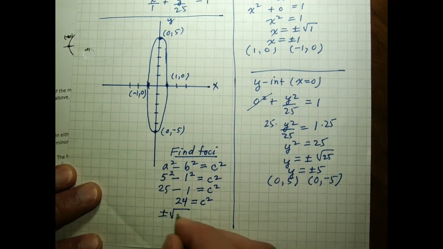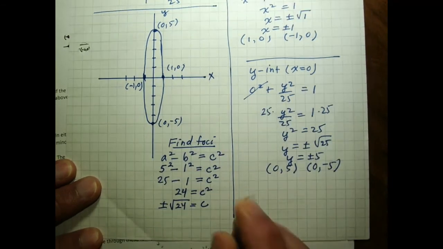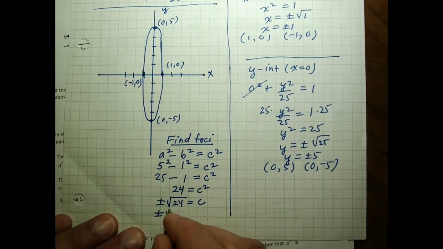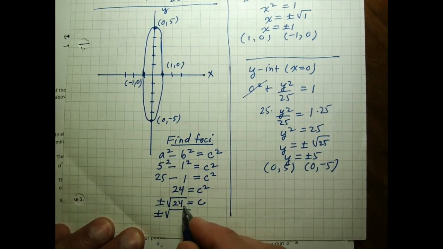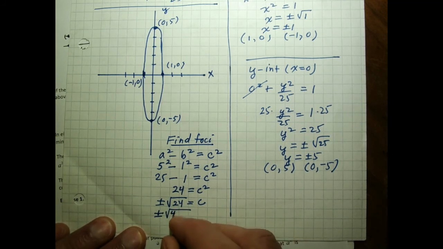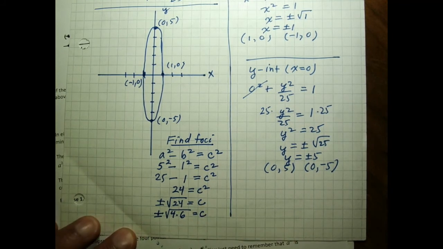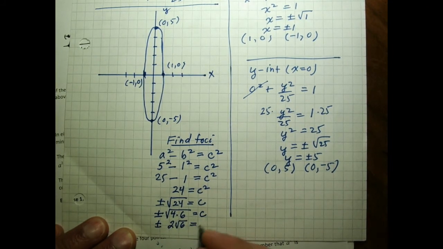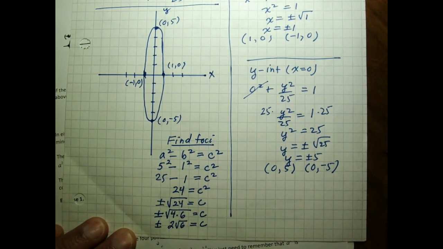So plus or minus the square root of 24 is c. Now, if you deal with square root of 24, that's fine, but it's nice if you can recognize that we can factor out a perfect square of 4 from 24. So I get plus or minus 2 radical 6 equals c when I take that square root of 4.